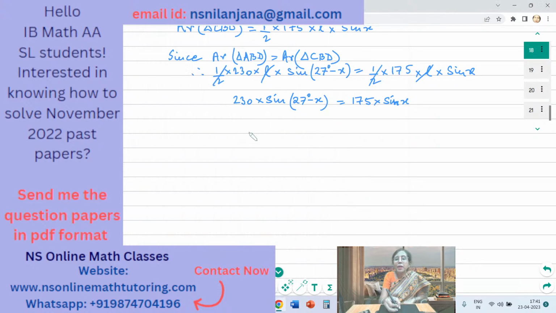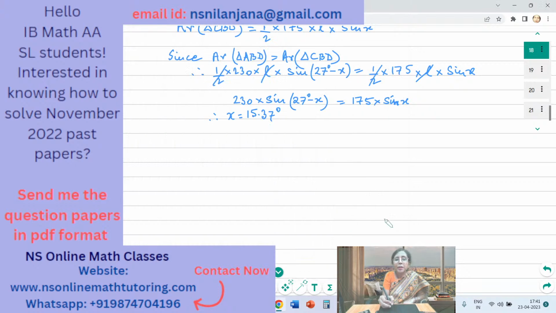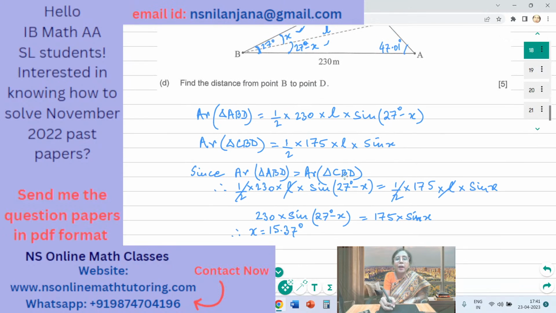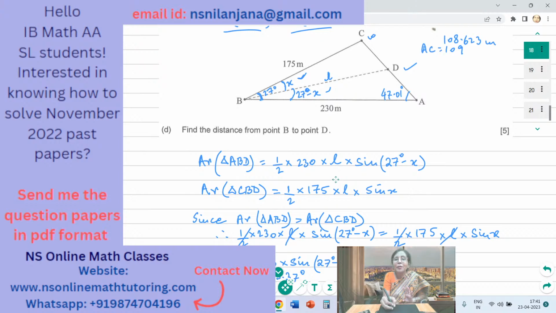So x equal to 15.37 degrees. But this is the angle; we are required to find the distance BD. So this is not our final answer. We haven't got the final answer till now.